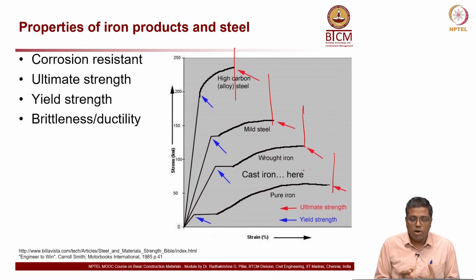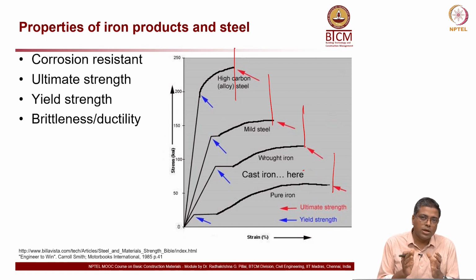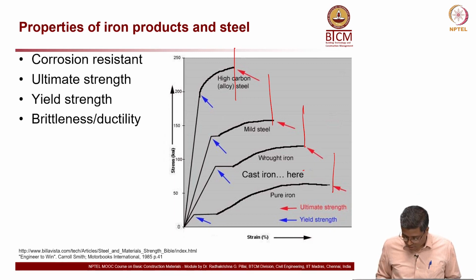But nowadays we have products where within a particular range you can still change the chemical composition and still get that ductility even with higher strength. So that's all possible, but this is just a general discussion on how pure iron, cast iron, wrought iron, mild steel and high carbon steel behave.